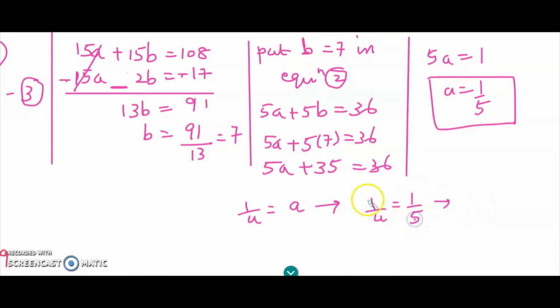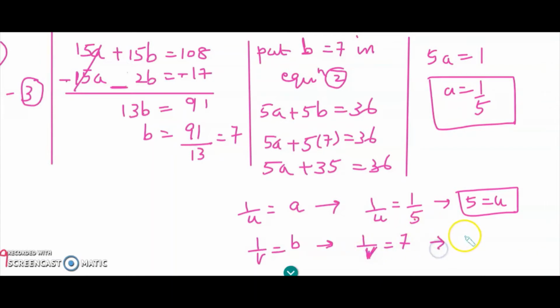So cross multiply. The 5 will go up here and u will go up here. So 5 equals u. Clear? Next, 1 upon v equals b. My b is 7. Just switch the places. Bring the 7 down and v up. So you get 1 by 7 equals v.